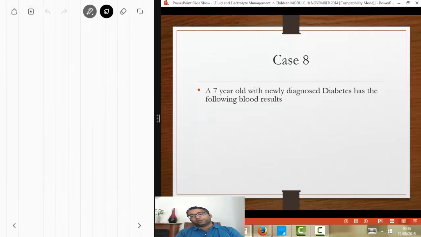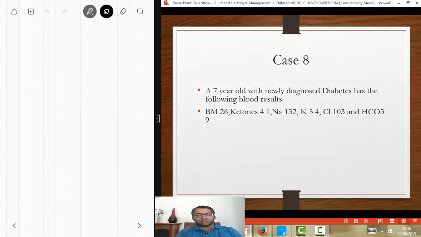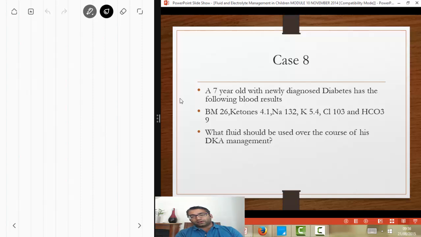So a 7-year-old boy is diagnosed with diabetes and has the following blood results. So the blood sugar is high as you expect, ketones are high as you expect. So you should think about diabetic ketoacidosis here, because it pretty much fits the criteria. We only need to see a pH. So you have high BM above 15, you have high blood ketones above 3, you have bicarb below 15, and in addition to that, if you have acidosis on a pH, then obviously that gives you a diagnosis of DKA.